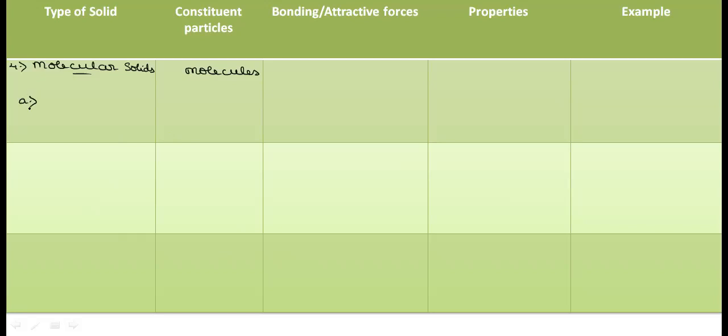So we'll consider the first as the non-polar molecular solids.